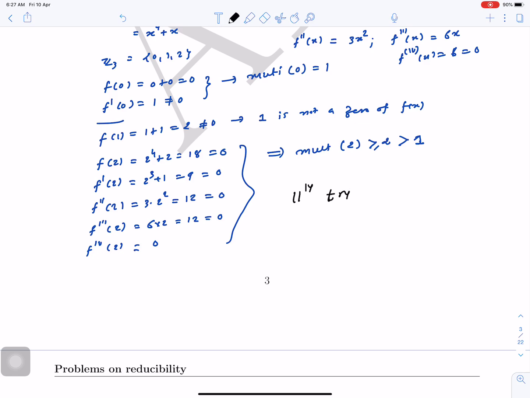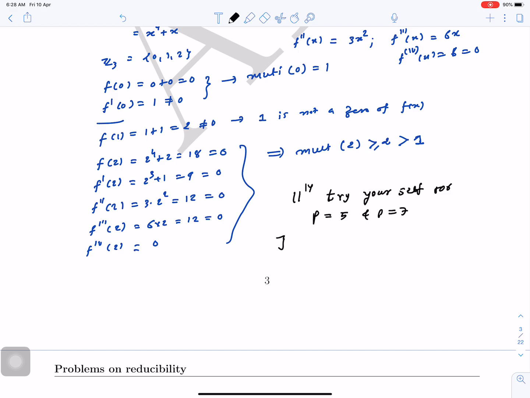you try for yourself for p equal to 5 and p equal to 7.